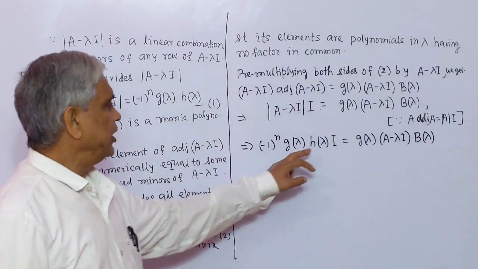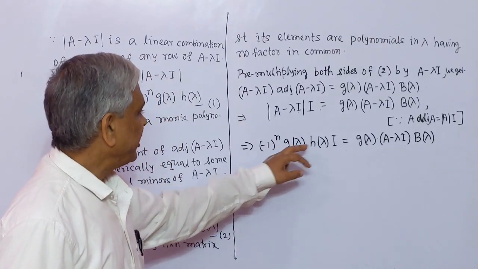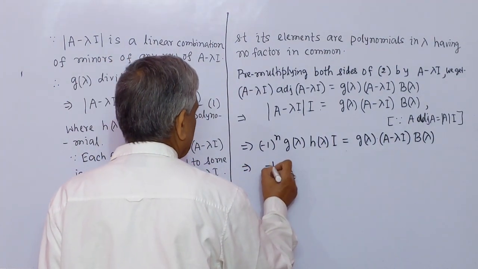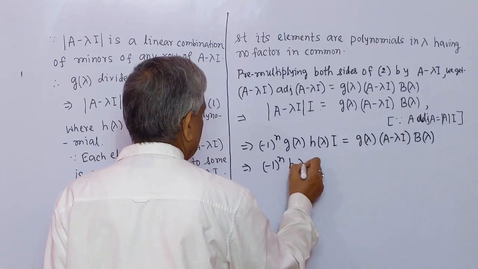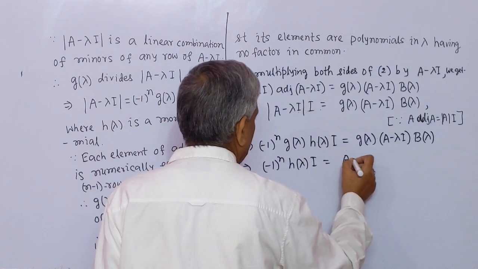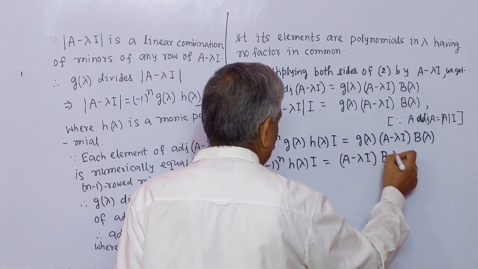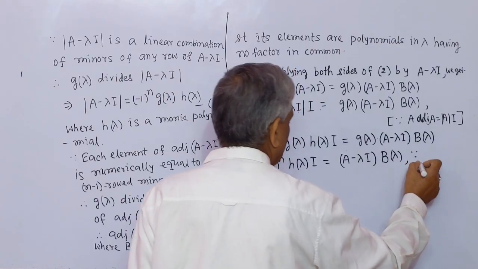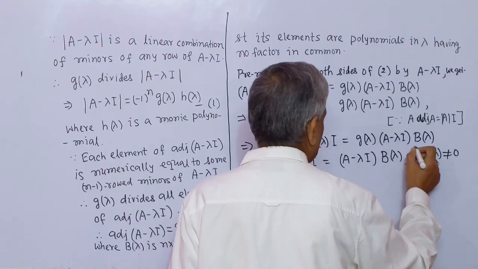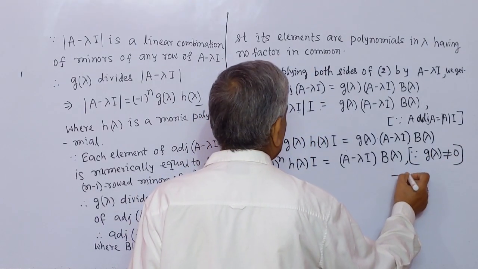Since G lambda is a non-zero monic polynomial, we may cancel it from both sides, which implies that (-1)^n H lambda I equals A minus lambda I multiply B lambda, since G lambda is not equal to 0. This is number 3.